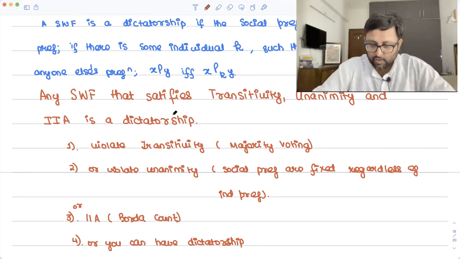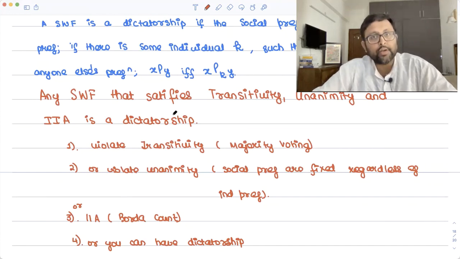And while proving this, what you will be assuming is that there is a social welfare function satisfying transitivity, unanimity, and independence of irrelevant alternatives. And then you show that this means there must be some voter whose preferences are always going to match the social preference, and that voter is a dictator, right?